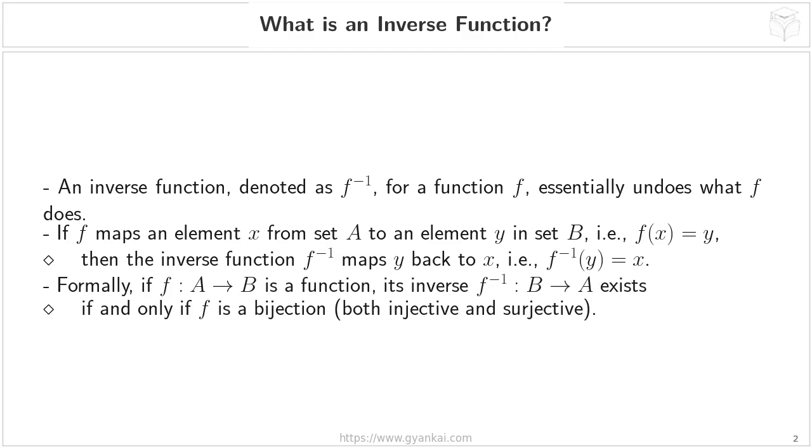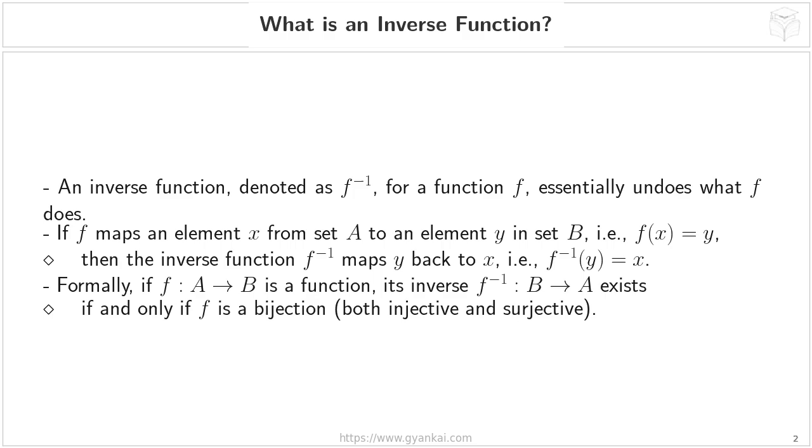Finally, and this is crucial, an inverse function doesn't always exist. It exists if and only if the original function f is a bijection. Remember from our earlier discussion that a bijection means the function is both injective, also known as one-to-one, and surjective, also known as onto.